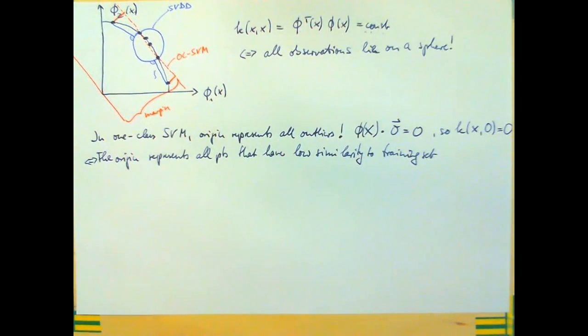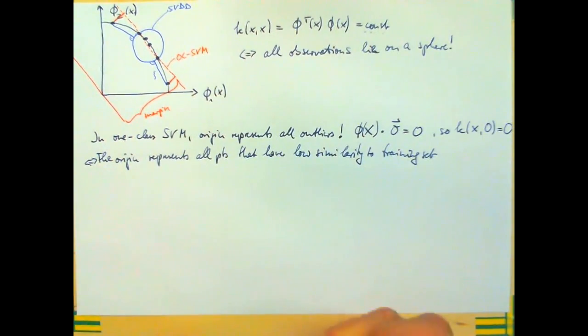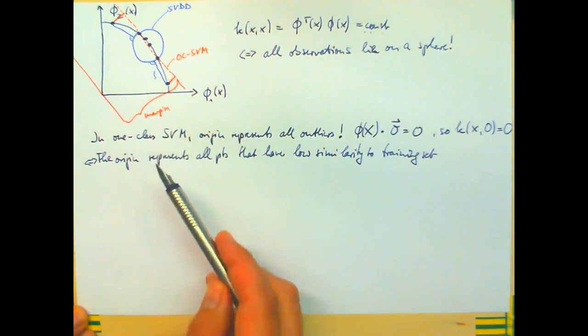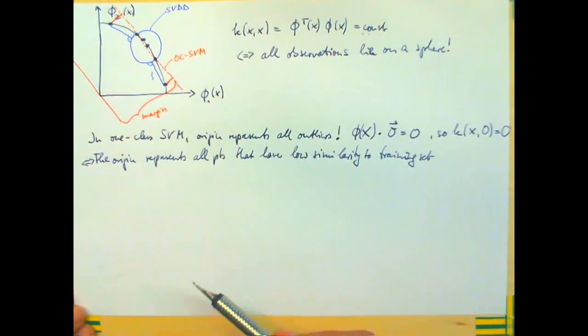And well, because the optimization problem for the one class SVM was derived from the optimization problem for the SVDD, under the only restriction that we're using a shift invariant kernel, it means that the solutions must be the same. They must have the same support vectors, and indeed both this hyperball and this hyperplane cut out the same parts from the original sphere.